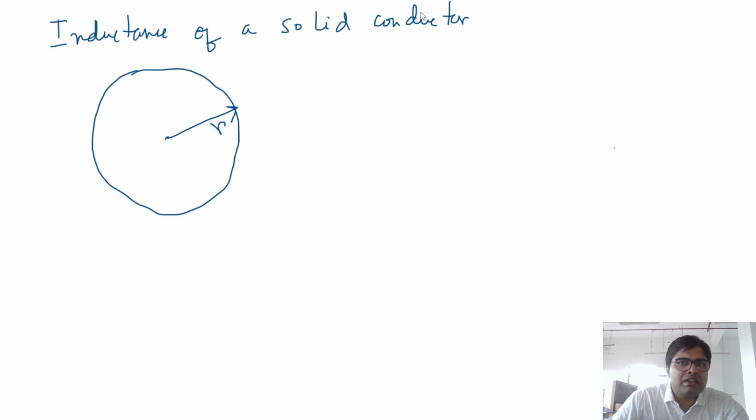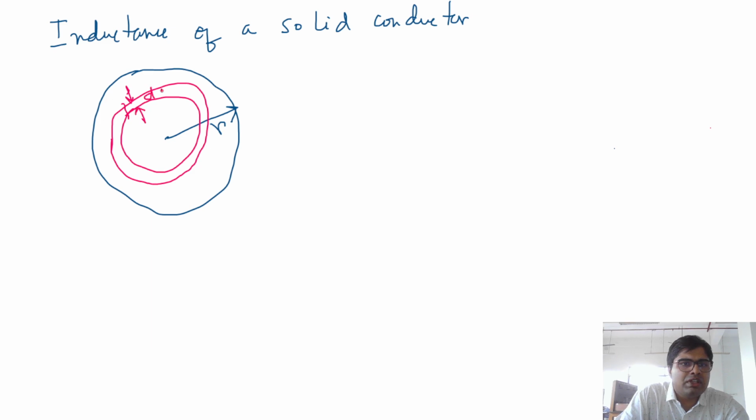Now, to understand the internal flux linkage, we will assume something. We will draw a circular shell of thickness dx, which is located at a distance x.